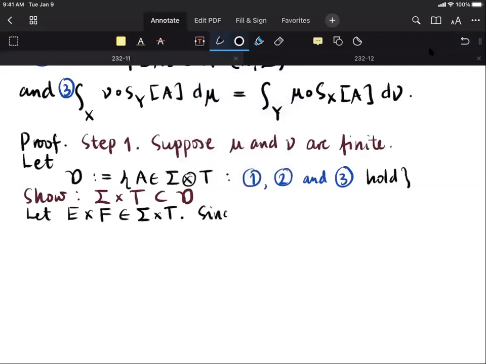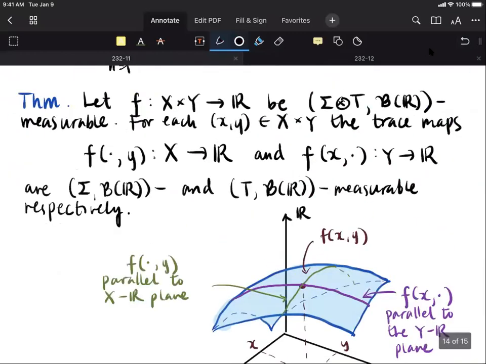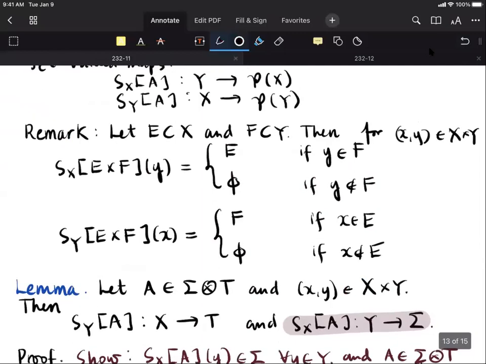Recall from the above remark, and what we are referring to here is this one. So let us look at the second case. So the section, if x is in E, is equal to F. So if we take the measure, we either get the measure of F or 0, depending on whether x is in E or not.